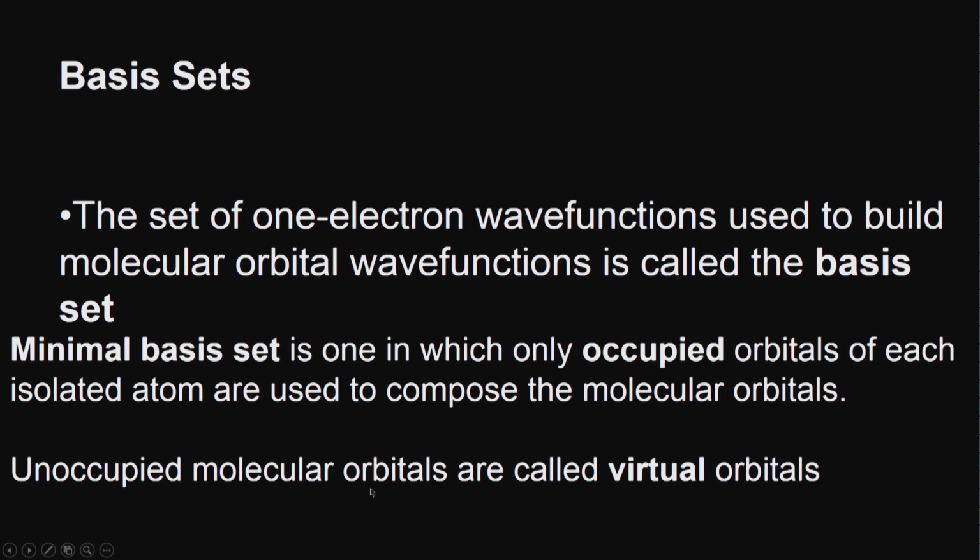Unoccupied orbitals are called virtual orbitals. We do not consider the unoccupied orbitals in the minimal basis set. Generally, if you want to go into ab initio, it is good enough to go with the minimal basis set, because otherwise the calculations are too much to do.